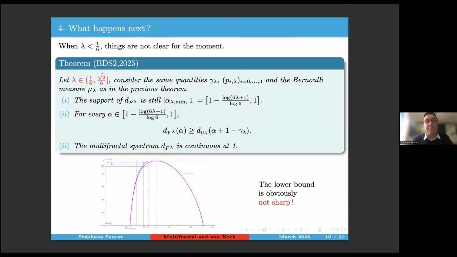But when lambda is below that, the inequality is actually strict for many points. It's only a lower bound. We have some estimates, but it's still an open question what the multifractal spectrum of these objects is when lambda is small.